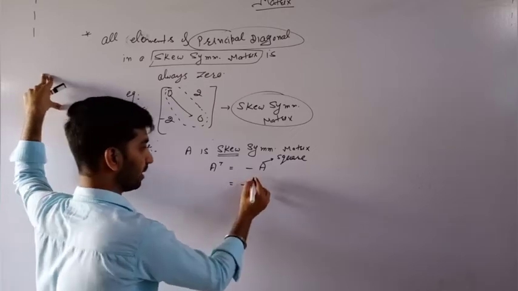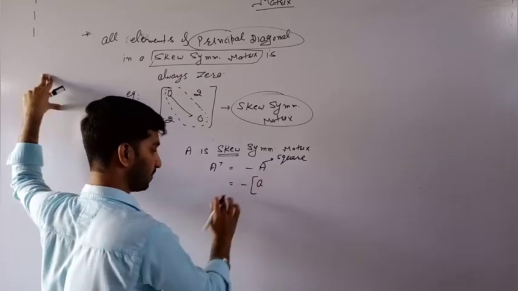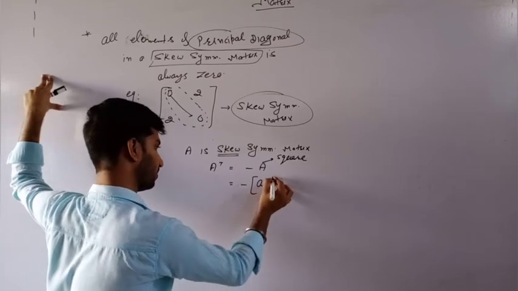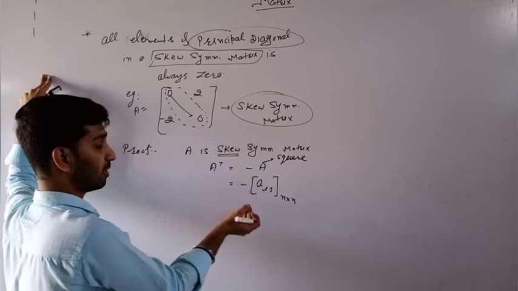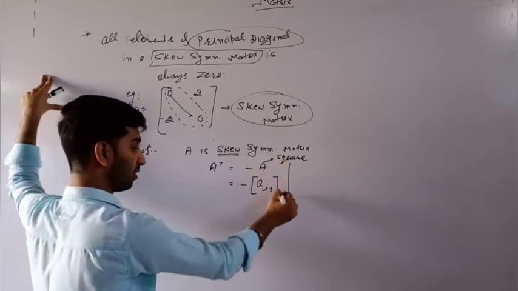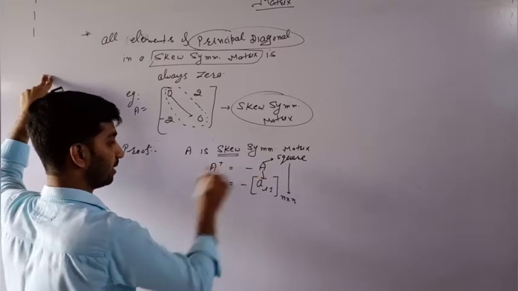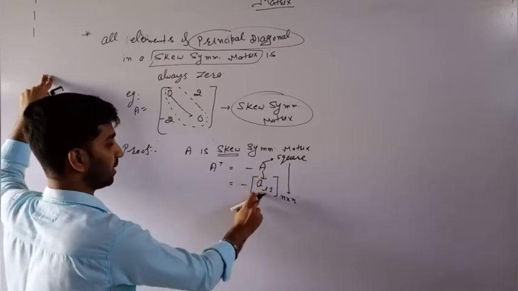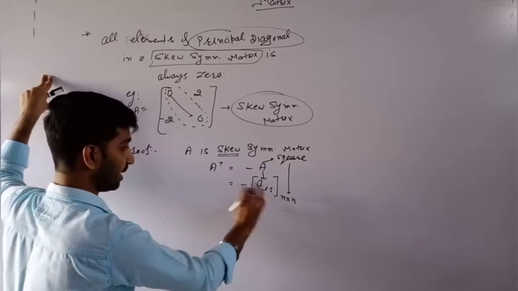Minus A is represented in the form of elements, a ij of order n cross n, which may be any order, since square can be 1 cross 1, 2 cross 2, 3 cross 3. These are the elements a11, a22, a33, a12, a13, a21, aij.